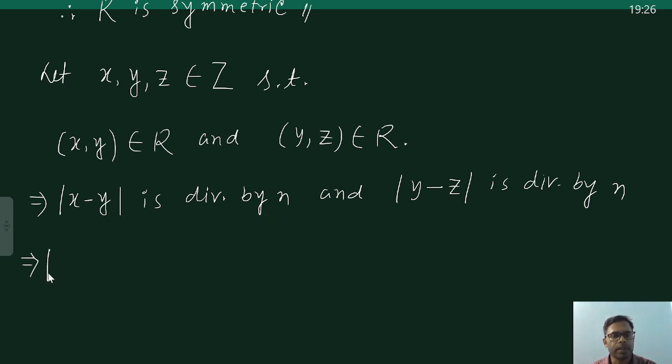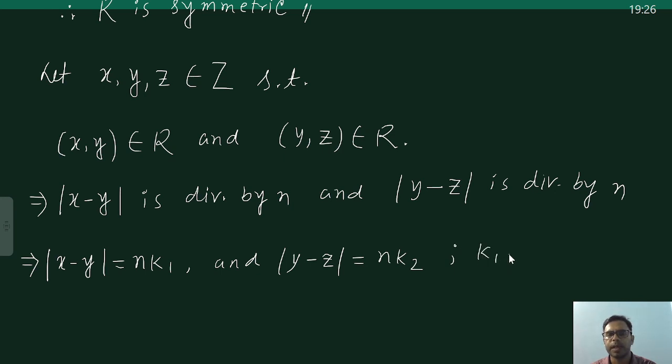So I can write mod of x minus y equals n k1, where k1 is a positive integer, and for the second part, mod of y minus z equals n k2, where k1 and k2 both belong to the set of positive integers Z plus, because there is a modulus here, and a term with modulus is a positive number. Dividing it by n, the results k1 and k2 are certainly positive numbers.